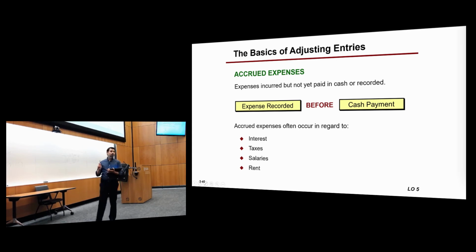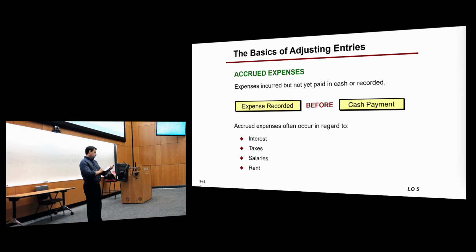Remember, prepaid expenses, unearned revenues, cash is exchanged before the event, basically before the service is provided. Okay? Here, with accrued expenses and accrued revenues, cash payment is actually done after. The cash payment is done after the expense or the revenue are recognized.